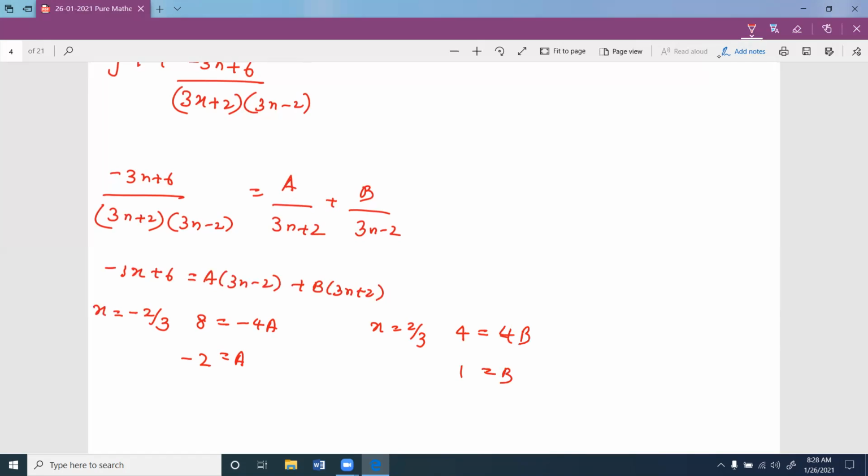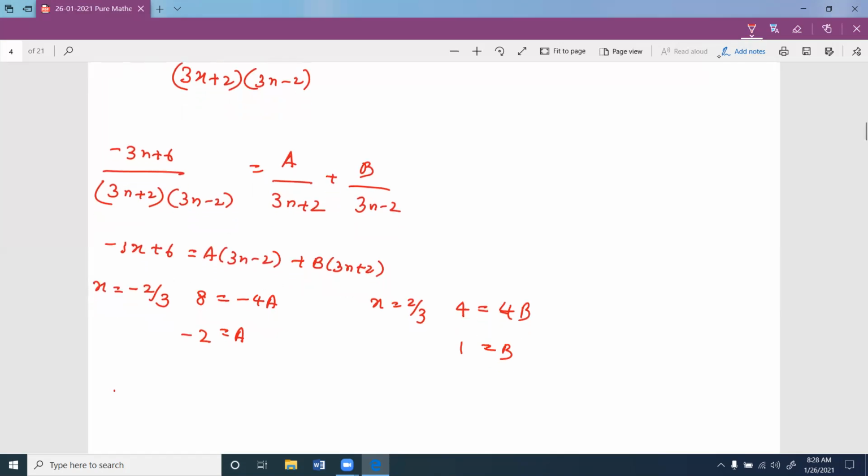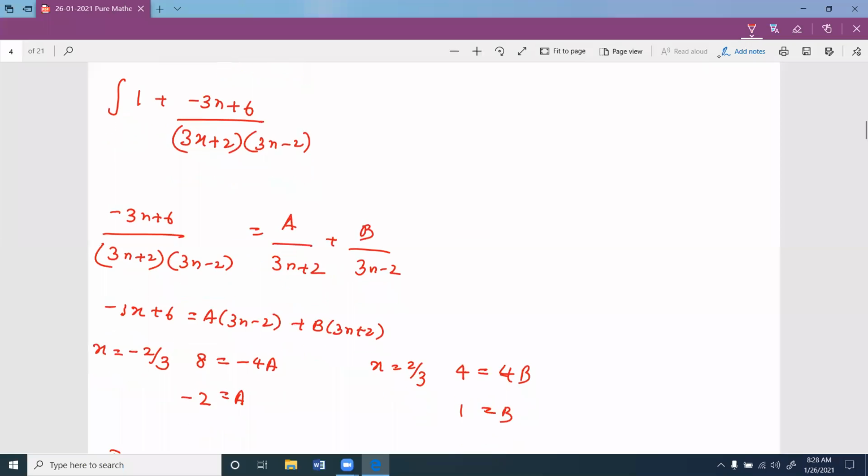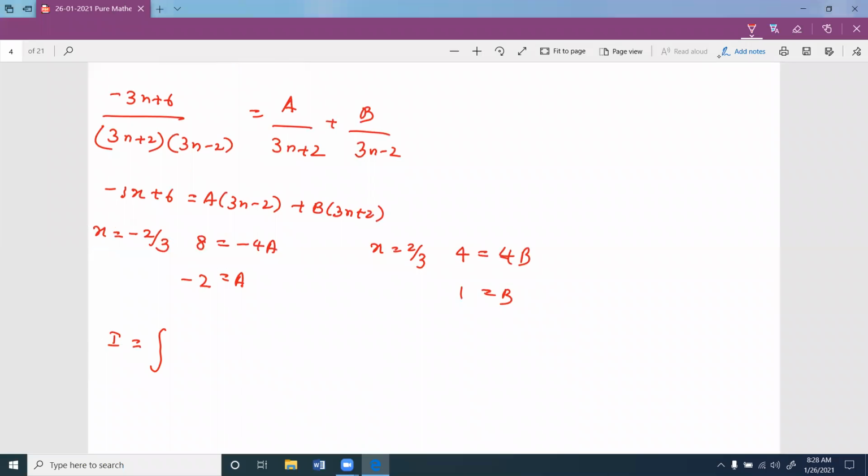Therefore, b becomes 1. So you can write this integration as, and you have to be a little bit careful, there's a 1 at the beginning, you have to include that one as well, 1 plus 1 over 3x minus 2 minus 2 over 3x plus 2. That's a way of getting this answer.